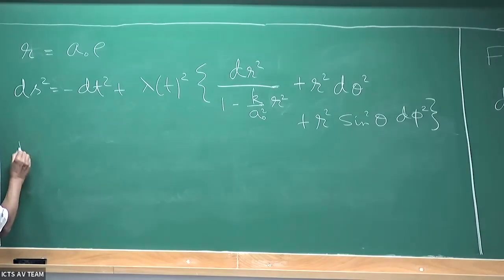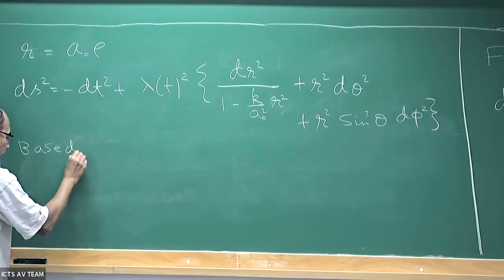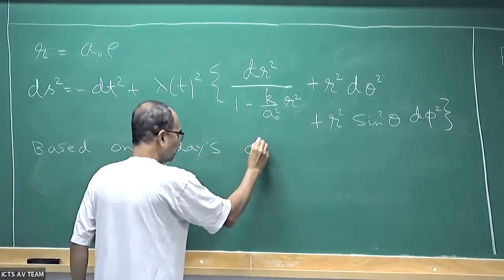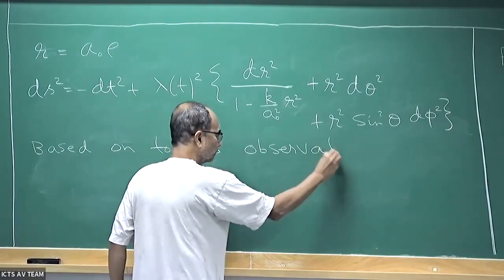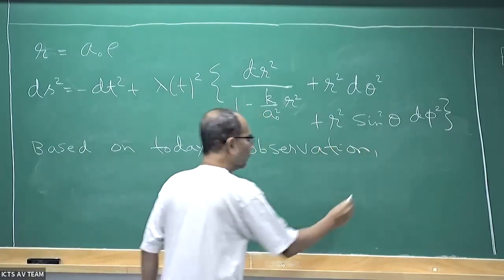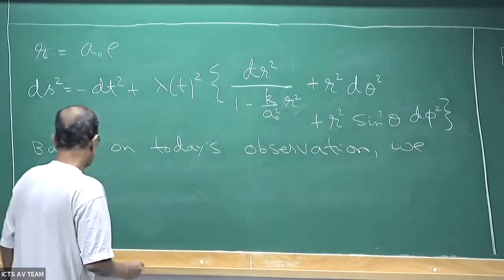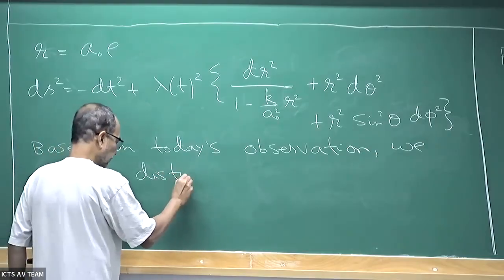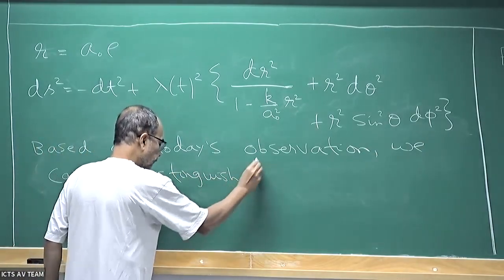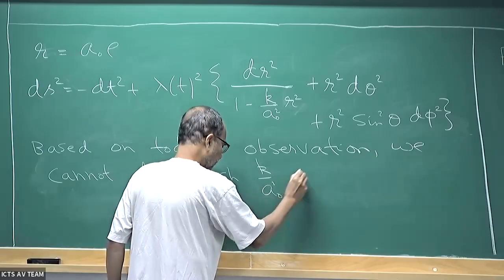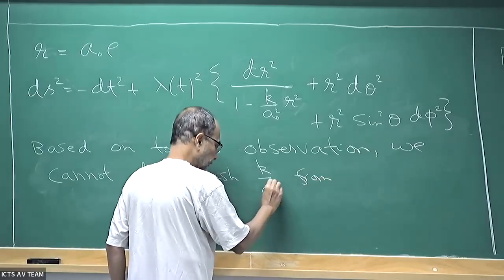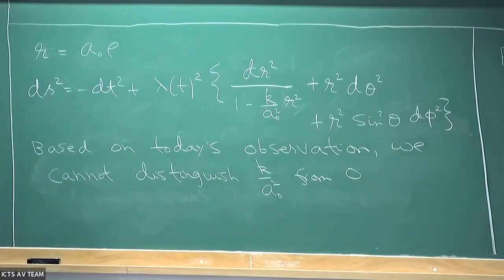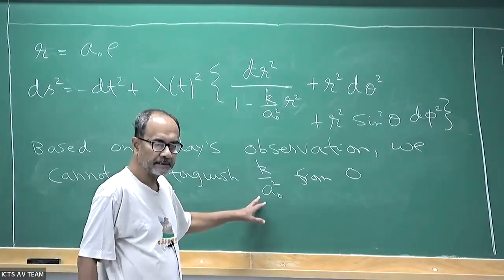And now, based on today's observation, again, we'll later see what the observation is, we cannot distinguish K over A naught square from 0. Which means that whatever experiment we can do today, K over A naught square is consistent with 0.